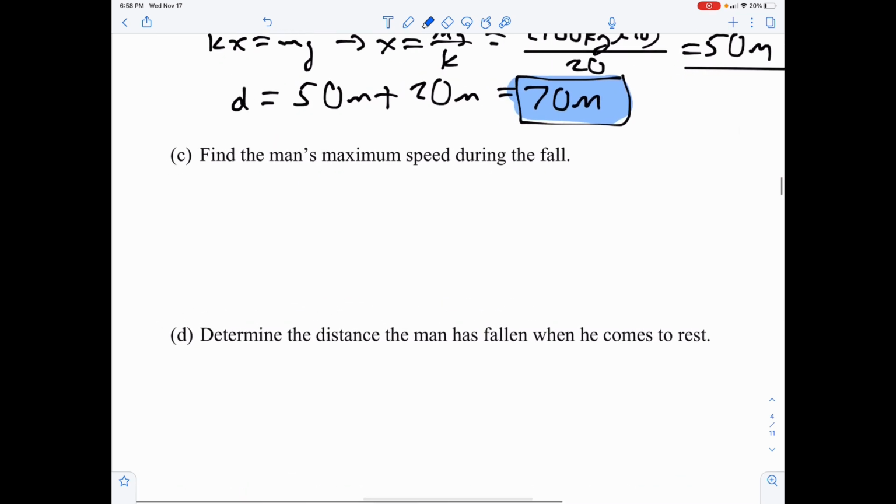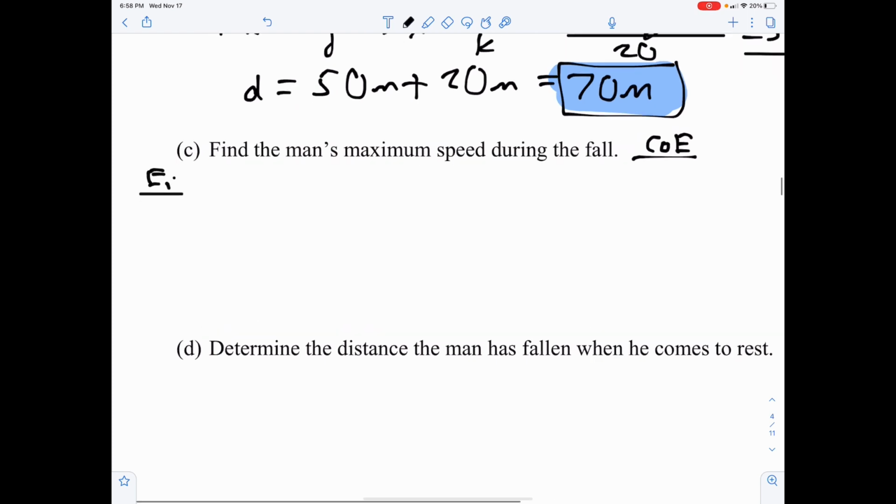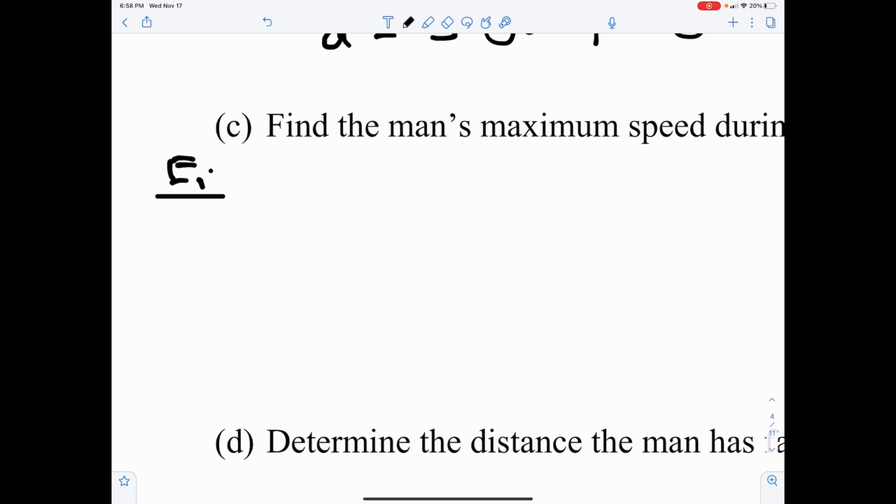Okay, so again, we're going to be using conservation of energy. So the initial energy, the kinetic energy at the top was 0. The potential energy at the top was mgh, and the spring potential energy was 0.